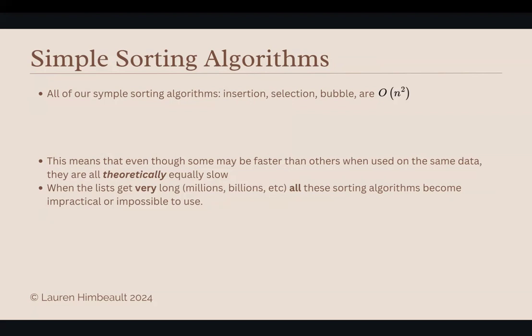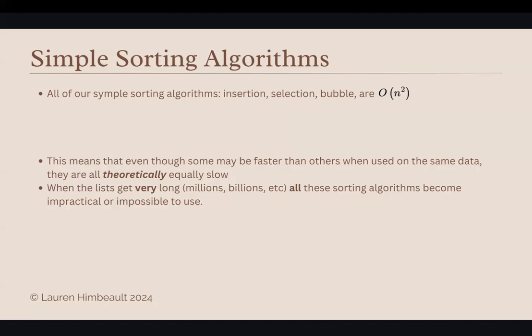But basically, theoretically, they're all equally slow. They're all n squared algorithms that are pretty slow, that effectively, when the lists get very long, all these sorting algorithms just become so silly to use or almost impossible to use based on their running time, right?